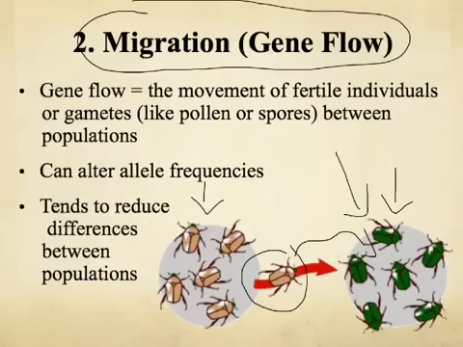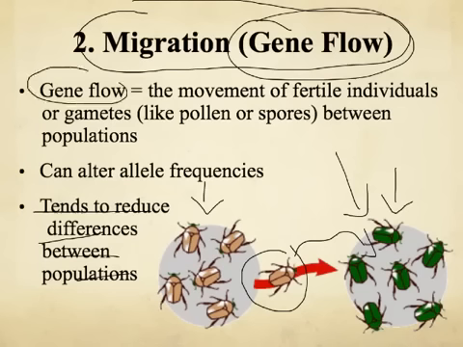And again, it's not that the brown allele was favored by natural selection. I changed that population just by chance. So migration, or gene flow, which is the fancy bio word for migration, tends to reduce the differences between populations because I'm getting mixing. And gene flow, we're just defining as the movement of fertile individuals and their genes between populations.